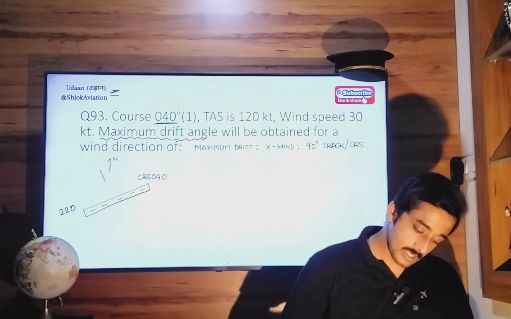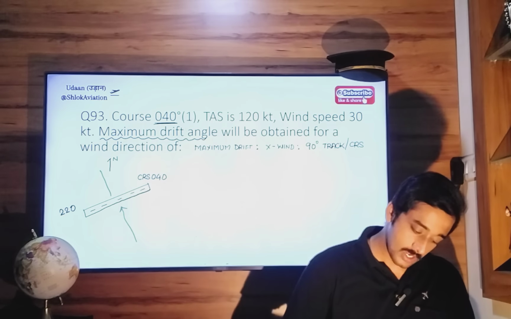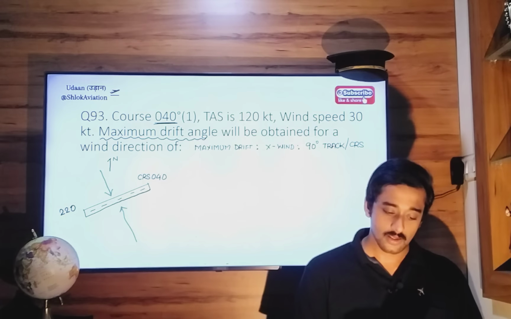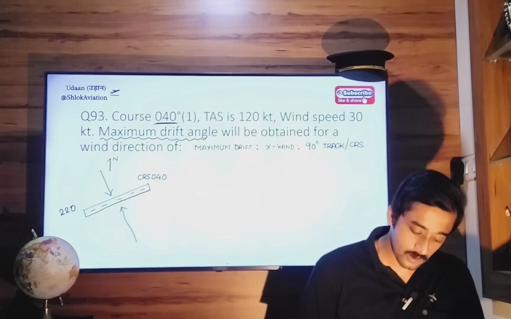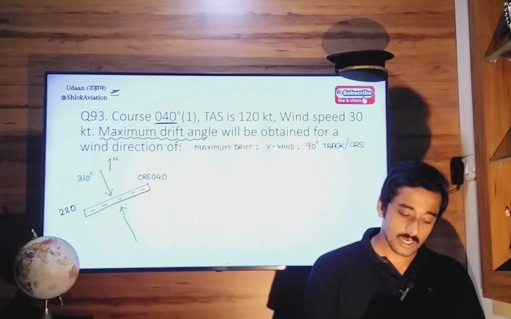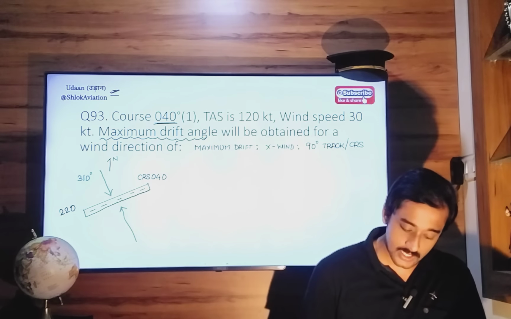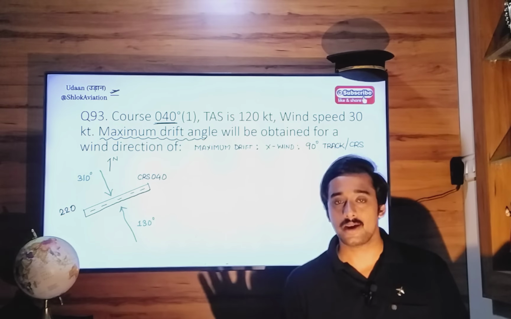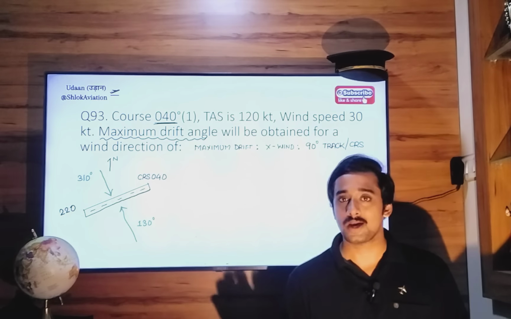So it will be like this or like this. A wind coming from the left hand side. So 40 minus 90 plus 360, 310. So the wind should come from either 310 degree direction or 40 plus 90, that is 130 degree direction. Either of these directions you will get maximum drift angle.